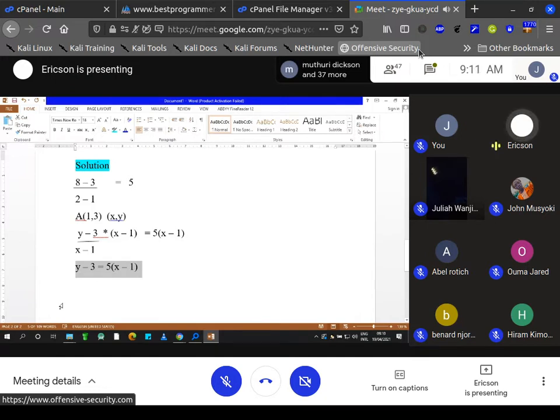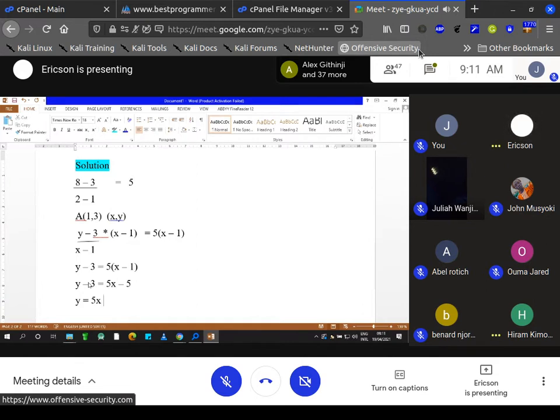Then from there, you can expand: y minus 3 equal to 5x minus 5. You can have y on one side, or you can choose the unknowns on one side and the values without the unknowns on the other. It depends on how you choose.